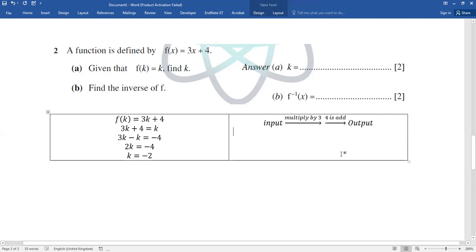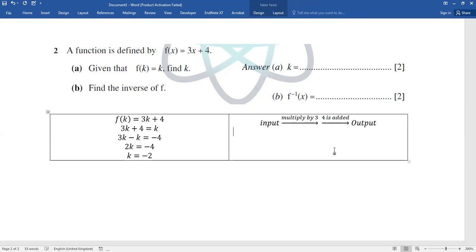Is that right or wrong? Yes, it's right. You take your input, first you multiply it by 3, and then you add 4 to get your output.